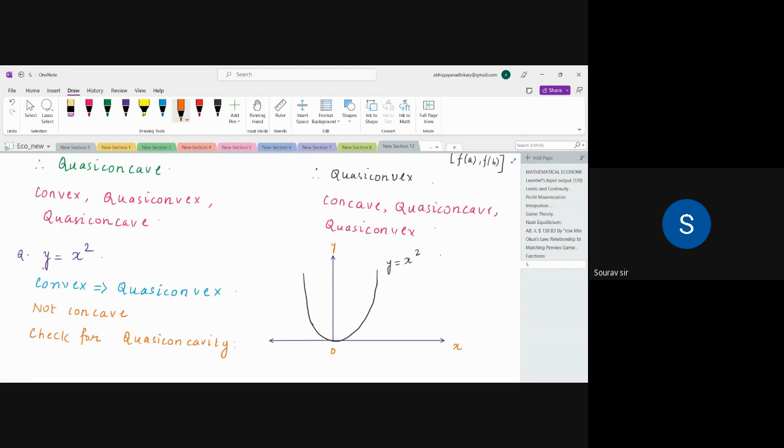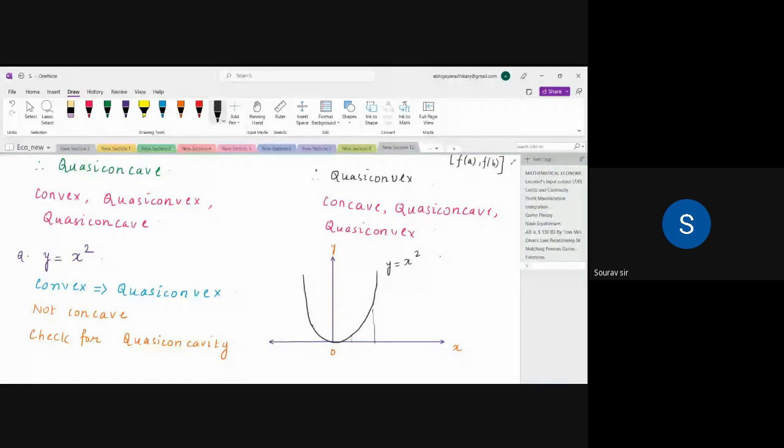Now understand this over here. If I take any two points, let's say on the right side, that means two positive values, then will it be quasi-concave? What do you think? Yes, sir, I think it is. It will be quasi-concave, right?